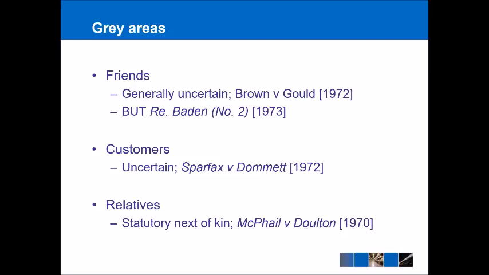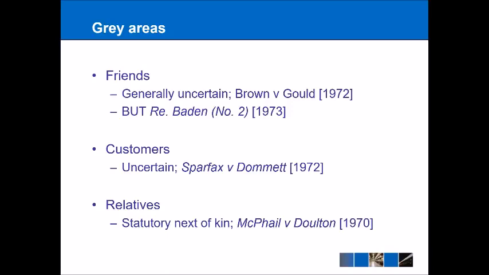Now, we talked about a few different grey areas, and there are a few common ones that come up in court cases, and as a result they also tend to come up in exam questions as well. So it's good always to have a few different cases at your fingertips to use if you do see these key words. So we've already talked about how friends can be a bit of a grey area, and it's generally seen as being uncertain, and we can look at the case of Brown and Gould 1972 as a good example of that.